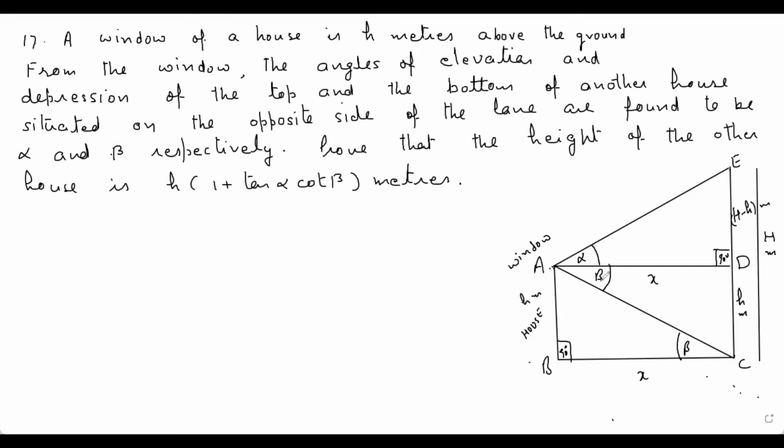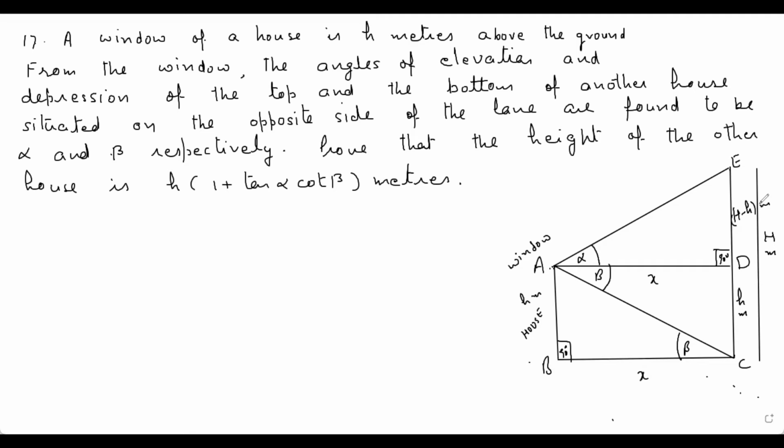Beta is the angle of depression of the bottom of the other house from A. So if DAC is beta, then ACB is beta, because alternate angles are equal. If AB is h meter, then DC is h meter. And then ED will be capital H minus h meter.